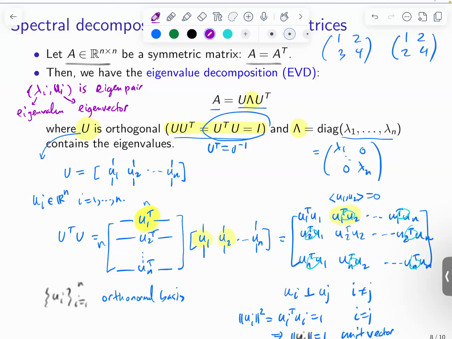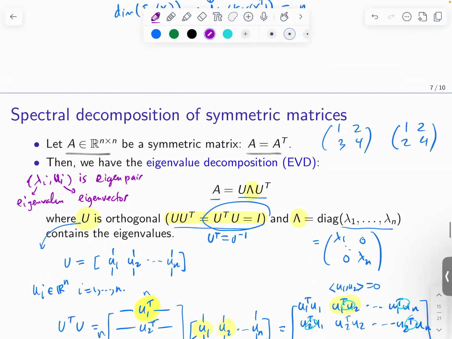So these are eigenvalues and eigenvectors of a matrix. So what do they have to do with the matrix? We'll get to it, but why do we call them eigenvalues and eigenvectors of the matrix? Okay, so what was your idea? For any eigenvector, if we take A times u, it goes to lambda u.